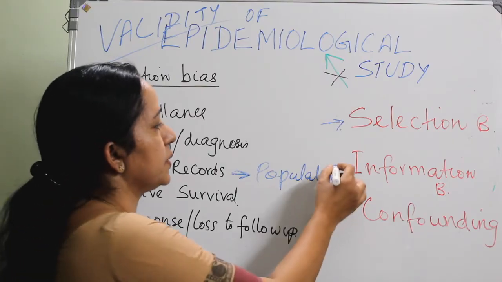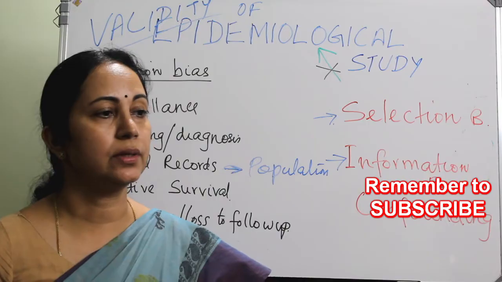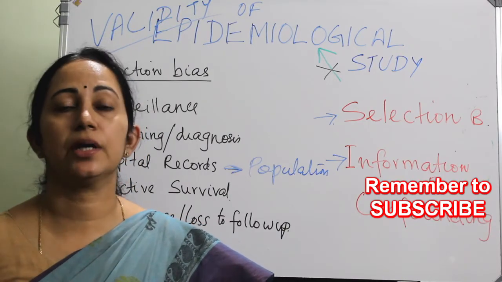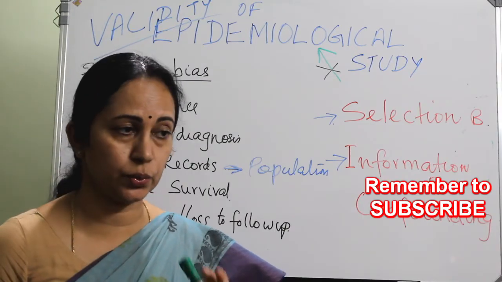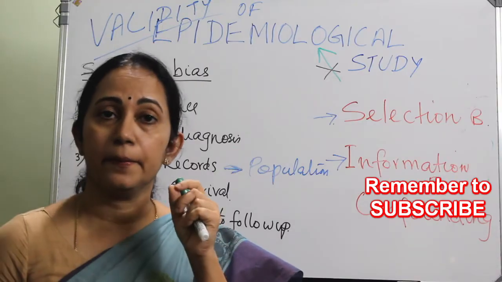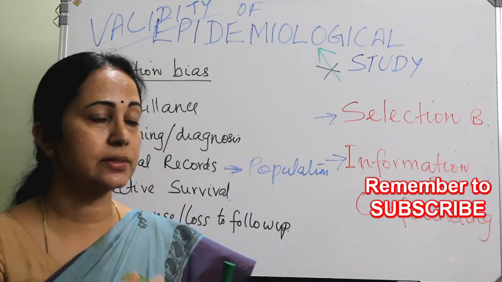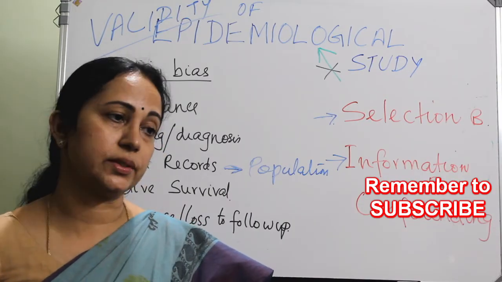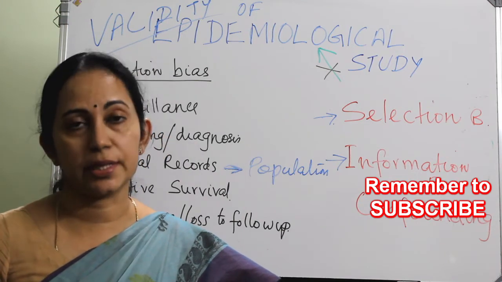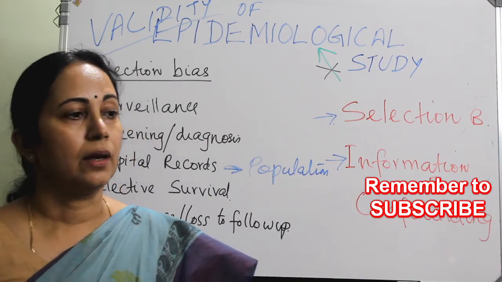The next is information bias. Information bias is a bias which results due to defects in the measurements of exposure, outcome, and also other variables. The question you have to ask is, do the measurements exactly measure the phenomenon of interest? If there is a fault, either from the side of the study subjects or from the investigator, bias can occur from both sides.